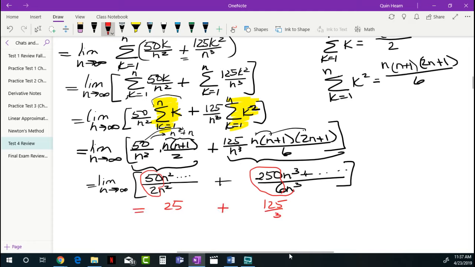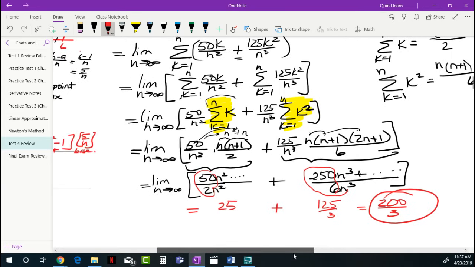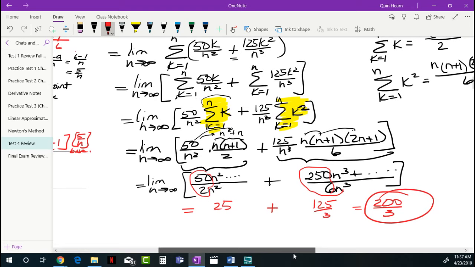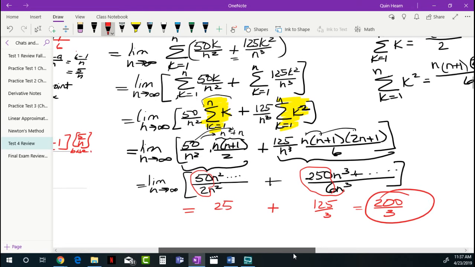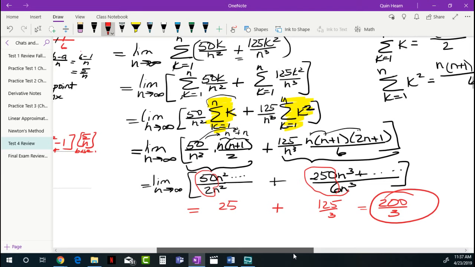And then the same thing here, if I multiply n times 2n, I would get the highest degree term here. N times 2n would be 2n cubed times 125 would be 250n cubed. And then there would be a bunch more other terms, but that would be the highest degree term. And in the denominator, we'd have 6n cubed.